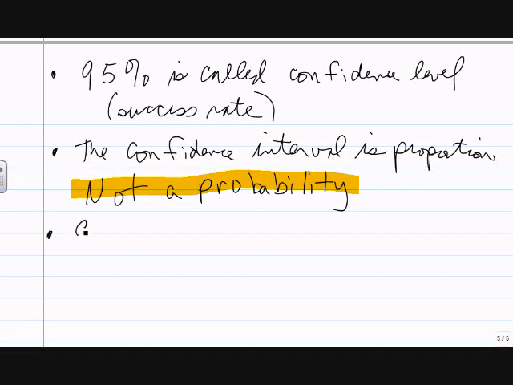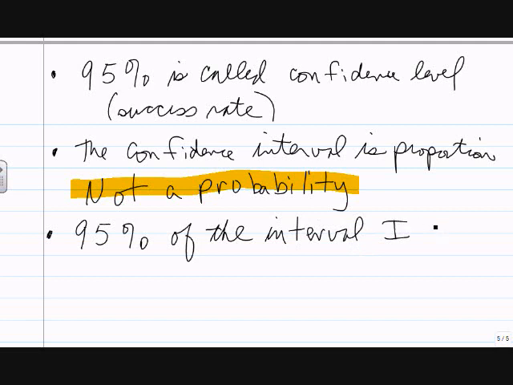Okay? And 95%, if I'm 95% confident, 95% of the intervals I could make contain the population parameter, mean, proportion, whatever.